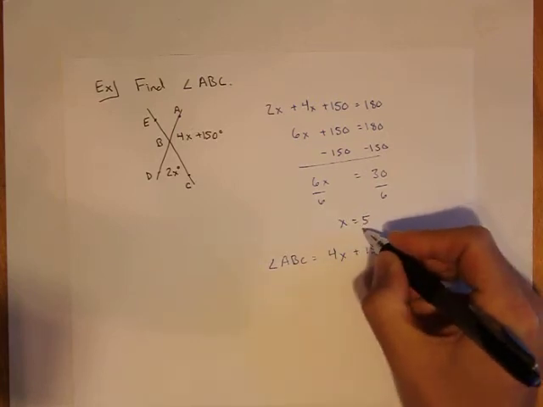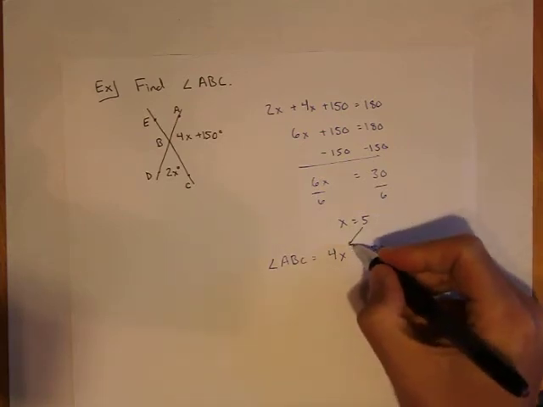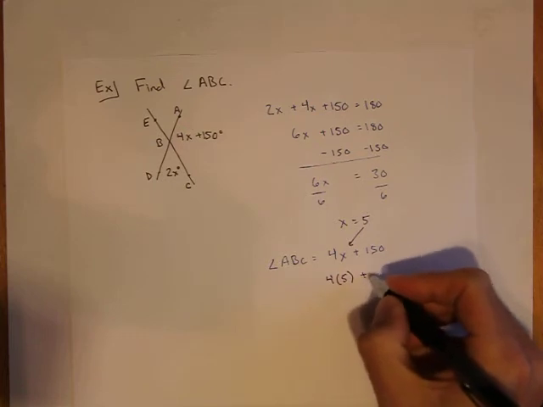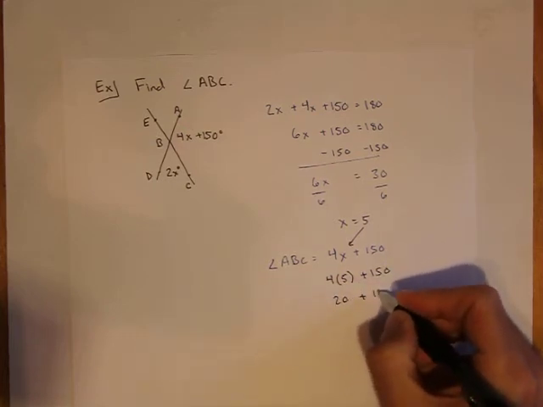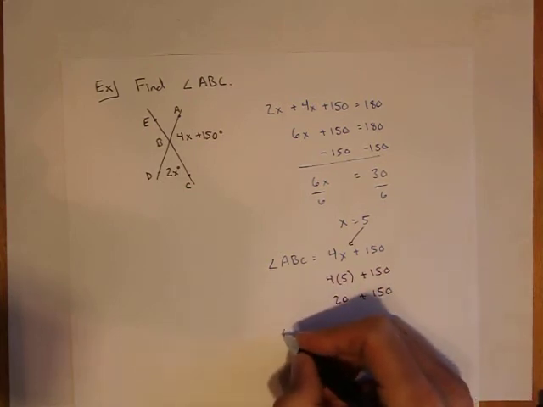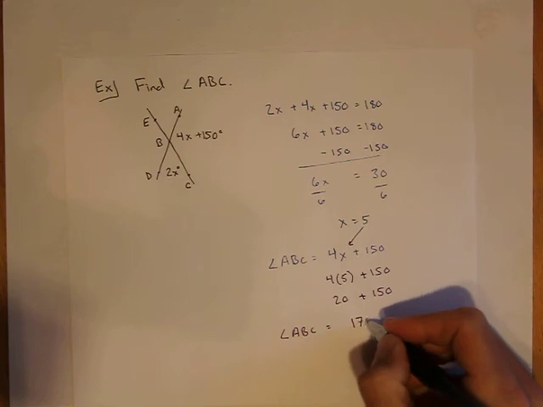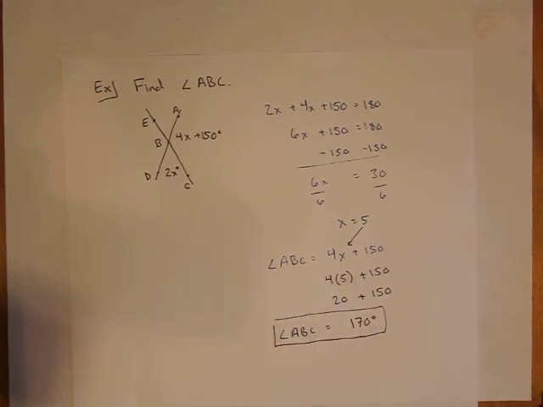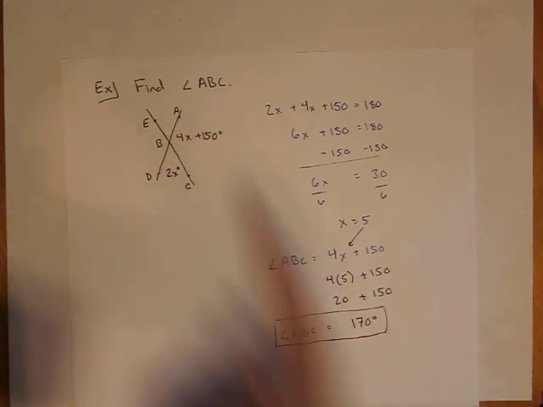I'm going to take x equals 5 and plug it on in. So I'm going to have 4 times 5 plus 150. I get 20 plus 150, and I get that angle ABC is equal to 170 degrees. Okay? So I didn't just stop when I found x, but I made sure to find what they asked for.